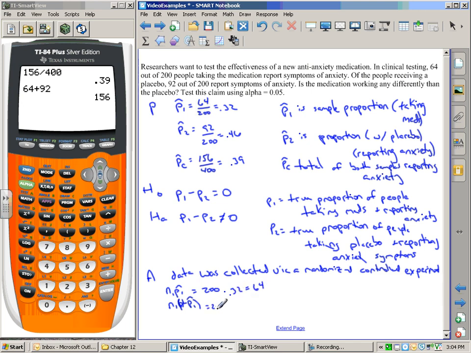And this is going to be 200 times 0.68, which is going to be 136. And then n2 p hat 2 is going to be 200 times 0.46, which equals 92. And n2 times 1 minus p hat 2 is going to equal 200 times 0.54, which is going to equal 108.